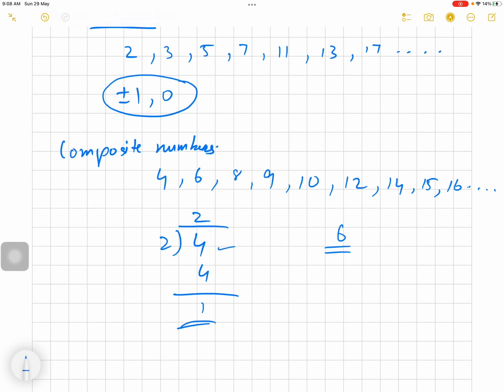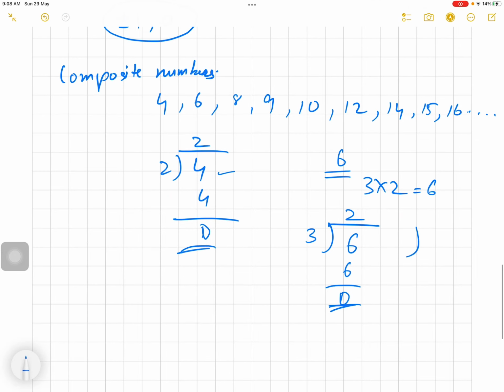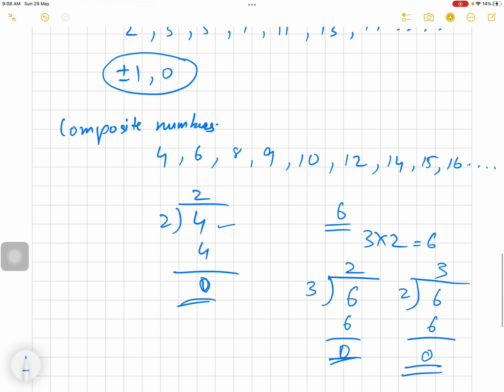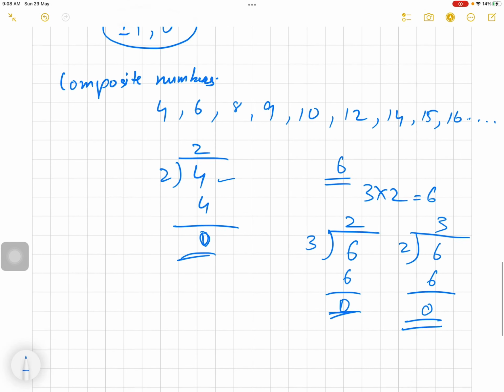Now 6: 3 2s are 6, so again it is divisible, right? 6 is divisible by 3, and 6 is also divisible by 2, 2 3s are 6, right?